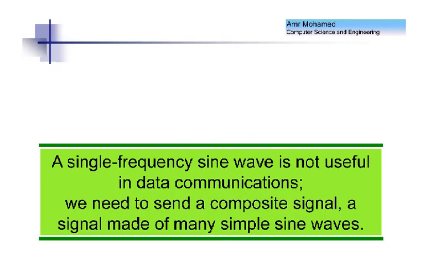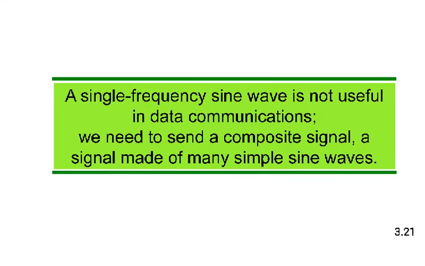So, a single frequency sine wave is not useful in data communications, and usually we need more than one sine wave to represent any actual signal, and we will talk about that, of course, later. So we need to send composite signals in nature. In many cases we need to send composite signals, and that's why we started to talk about frequency domain, because frequency domain analysis is usually very useful to represent composite signals.